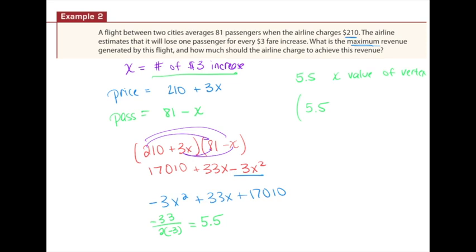If I want to know what my revenue is going to be at 5.5, then I have to plug it into this guy, right? Because that actually told me my revenue, the number of passengers times what I'm charging. You can either plug it into this or you can plug it into there. It doesn't matter wherever you plug it in. You're probably going to use a calculator to do it. But when you plug in your 5.5, that gives you the Y value. That's your revenue.